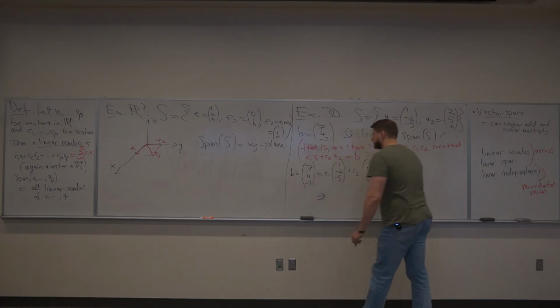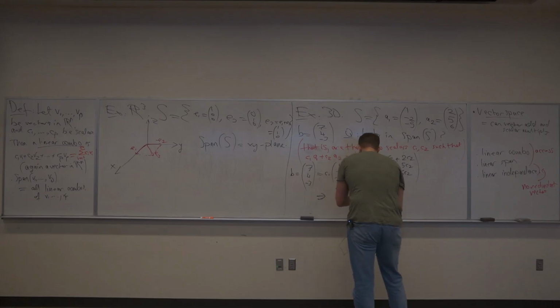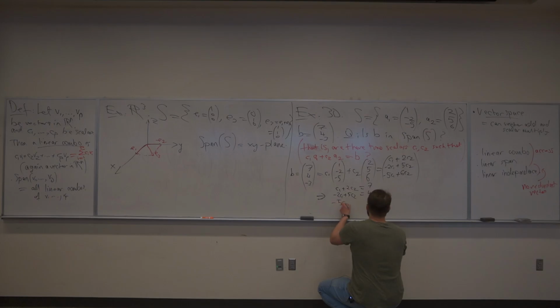Turn this then into a system of equations. So C1 plus 2C2 equals 7, minus 2C1 plus 5C2 equals 4, and minus 5C1 plus 6C2 equals minus 3.